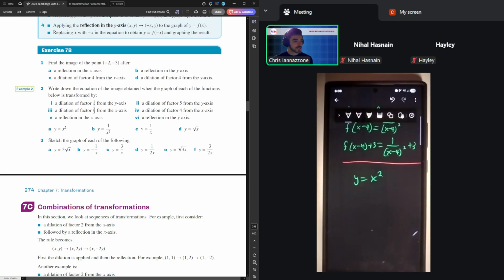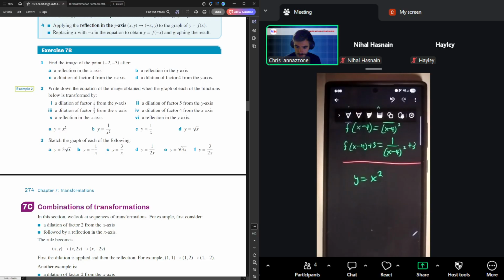Use the shortcut cheat sheet, or you can use the procedure if you feel like that's easier. Either way. 1 over 2 x squared.